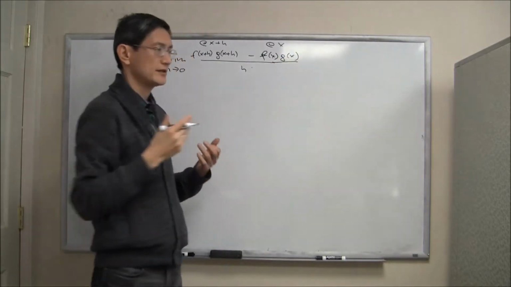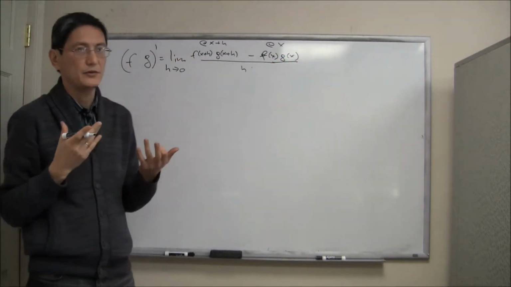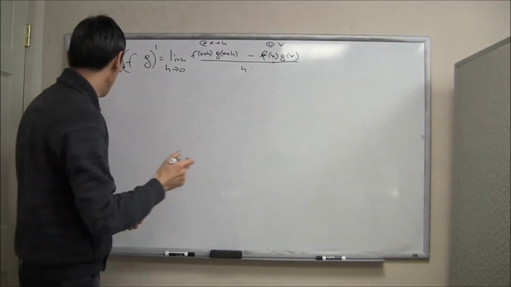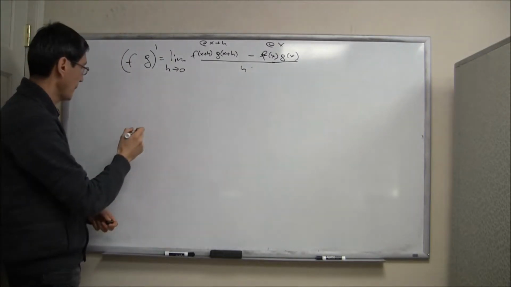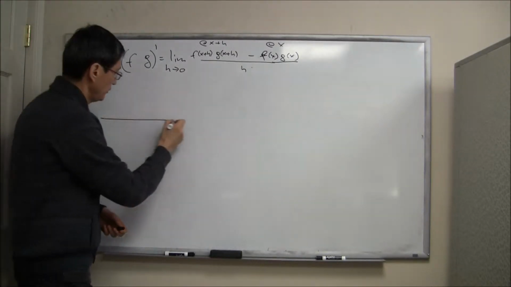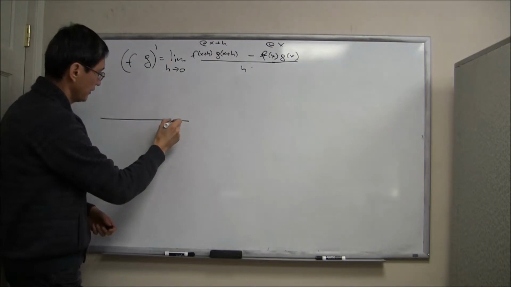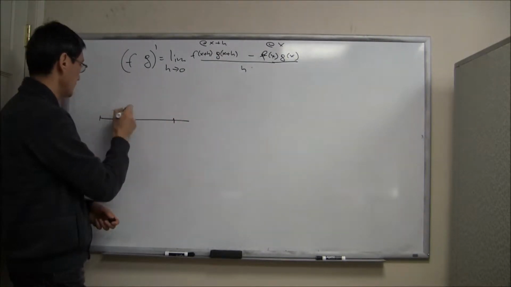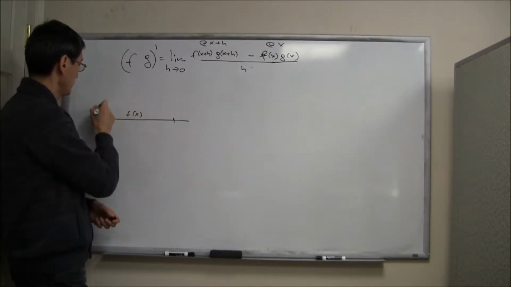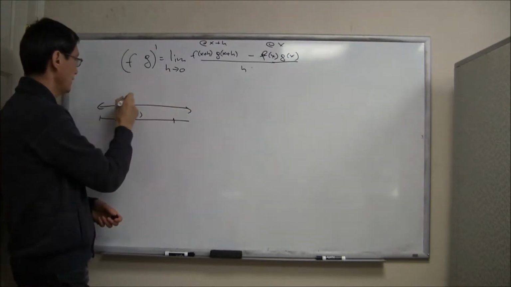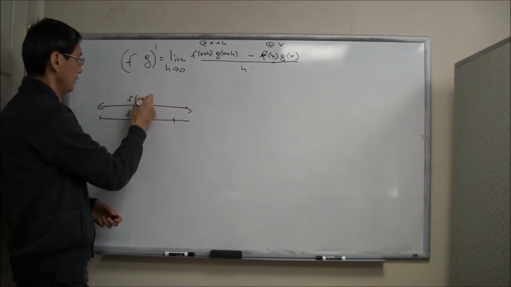Now to figure out what is happening with this expression, I'm going to do a little bit of geometrical interpretation. I'm going to draw the following rectangle. Let's say this length is f of x. From here to here it's f of x plus h.